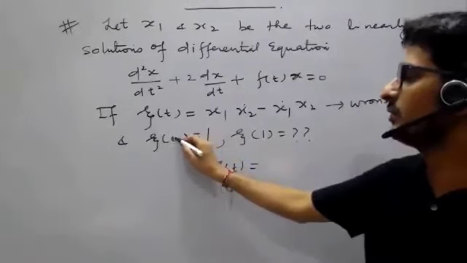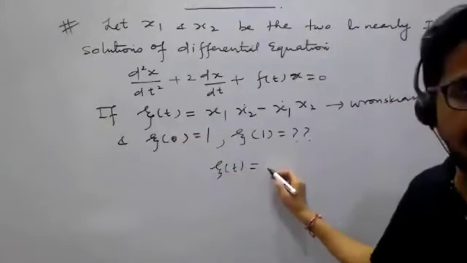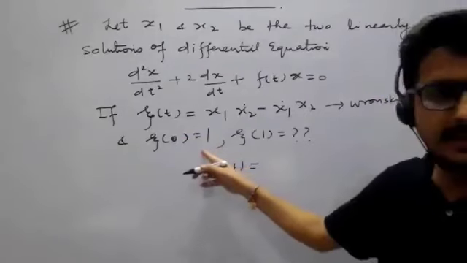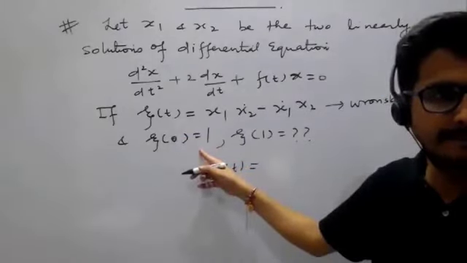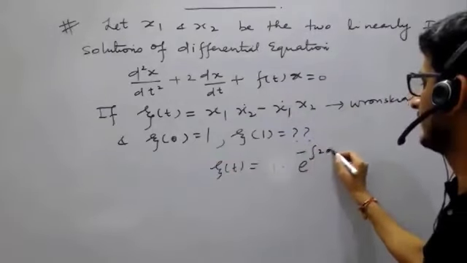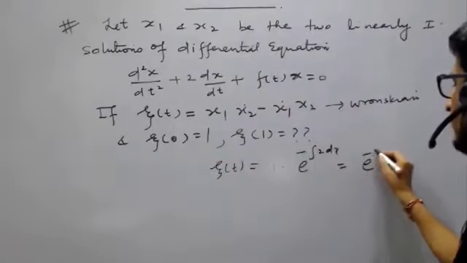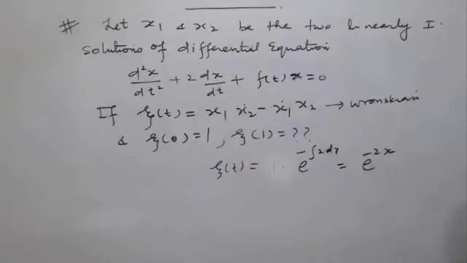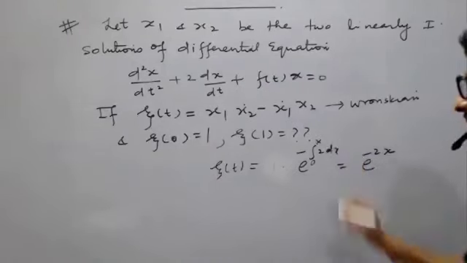xi 0 is also given, which is the value of c in Abel's formula. This initial point is given. Can you see that? So this is 1 into e to the power minus integral 2 dx, which is e to the power minus 2x. Correct? And you can integrate it from 0 to x.